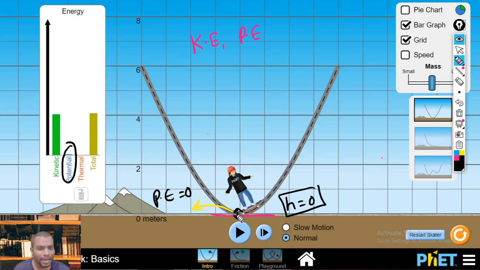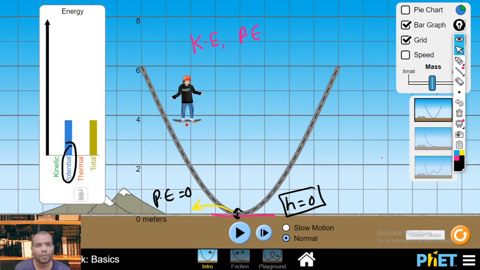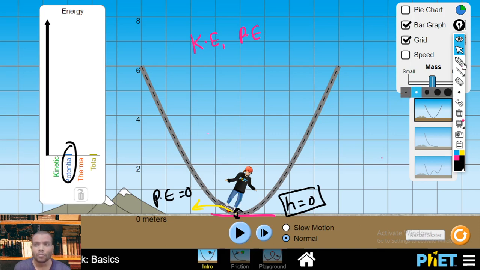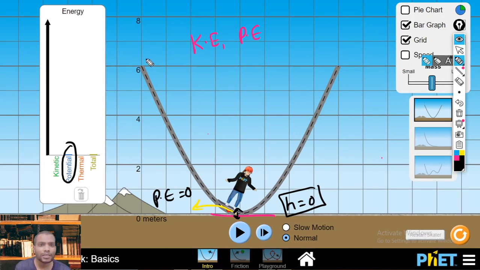If his potential energy here is equal to 0, but when he is at the top, his potential energy is maximum. But when he comes all the way from there to the bottom of the hoop, his potential energy becomes 0. So now what happens here?